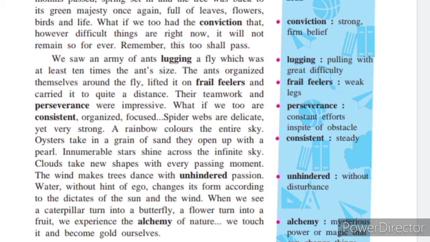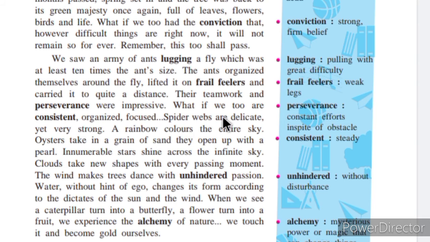Nothing is impossible. A small ant can lift up 10 times heavier thing because of the teamwork. Then why can't we? The fly being lugged by ants shows their teamwork, organization, and perseverance. Now, the next example is about what if we too are consistent, organized, focused like ants.